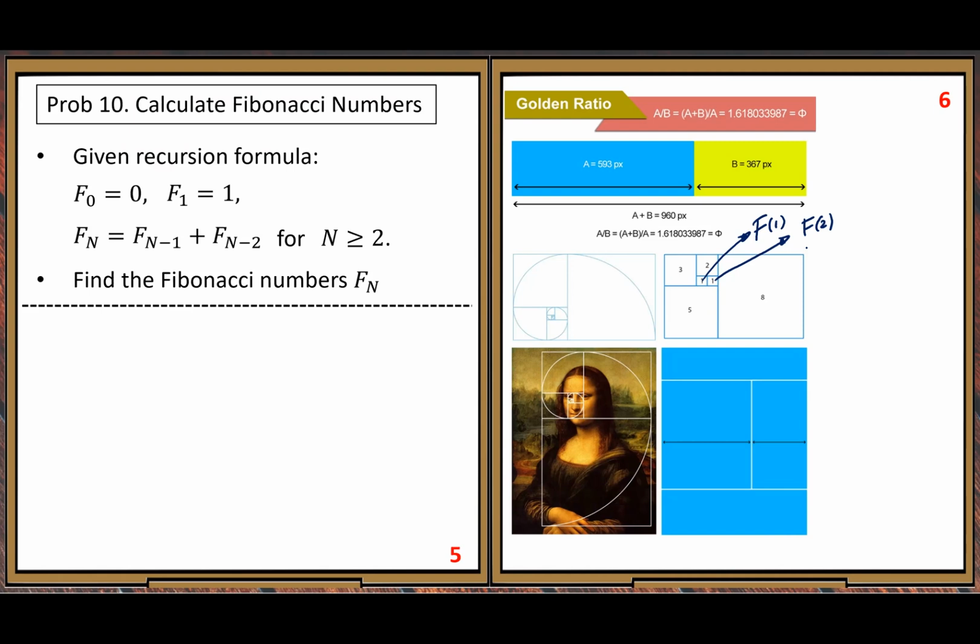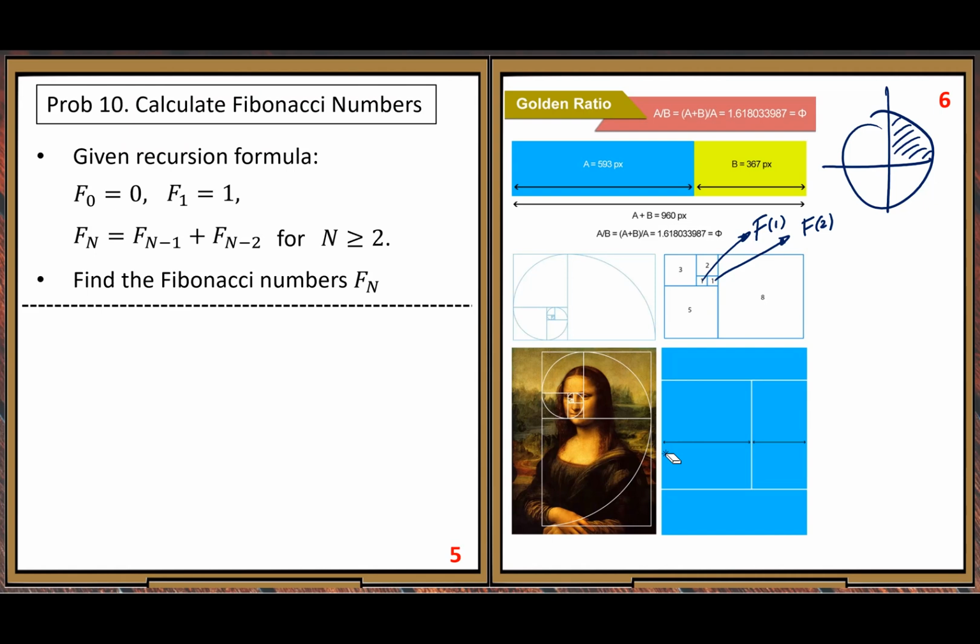The interesting property of this rectangle: if you draw a 90-degree quarter arc, a quarter of a circle, for each square and connect them, you get a nice spiral curve.